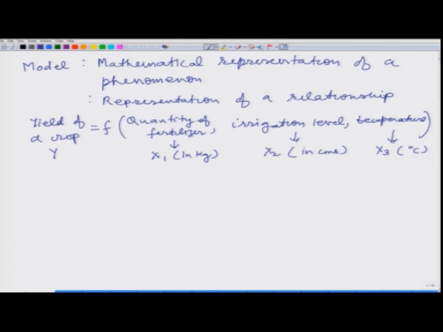So one possible model can be y = 2x1 + 3x2 + 4x3. So this is a mathematical relationship between the output, which is the yield of a crop, and three input variables, which are quantity of fertilizer, irrigation level, and temperature, right.